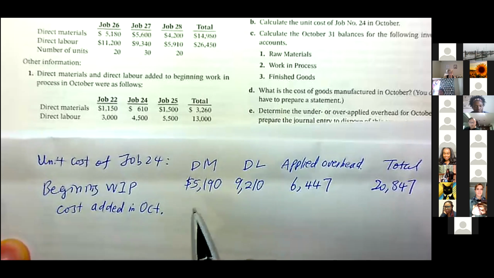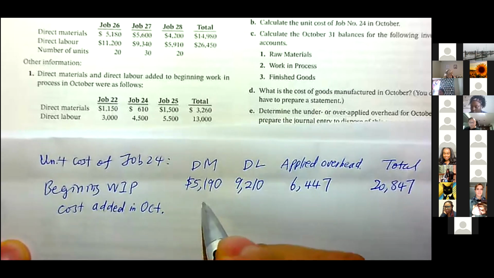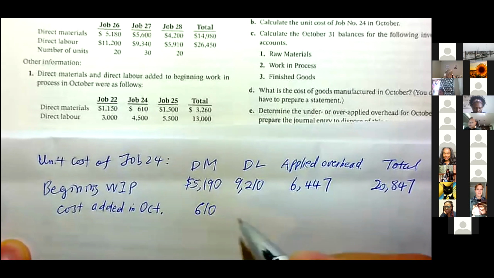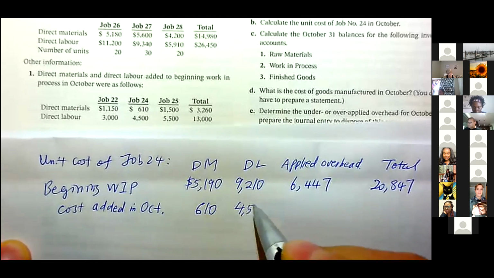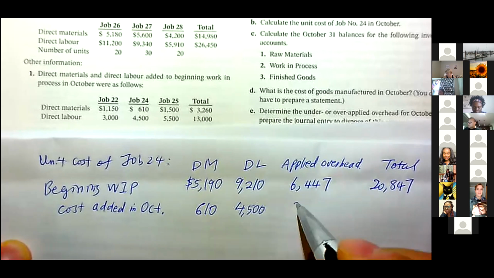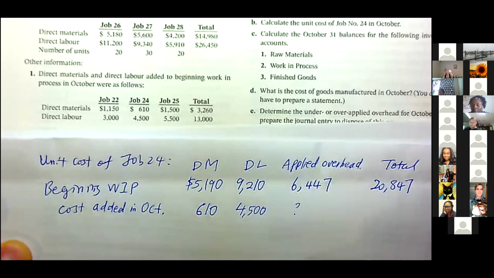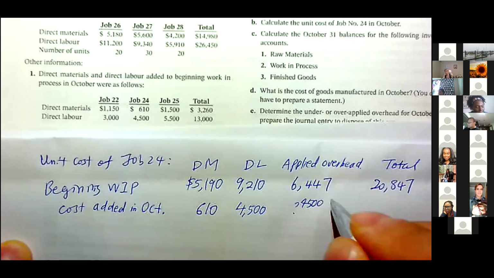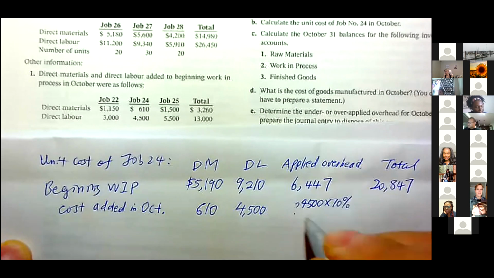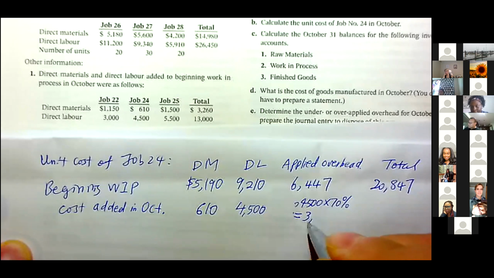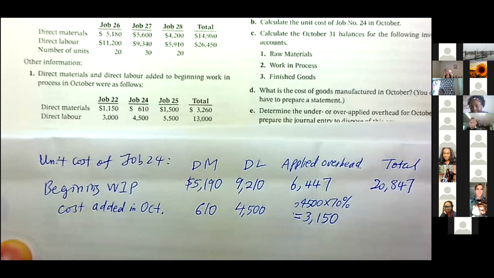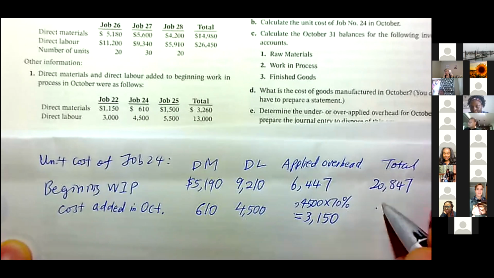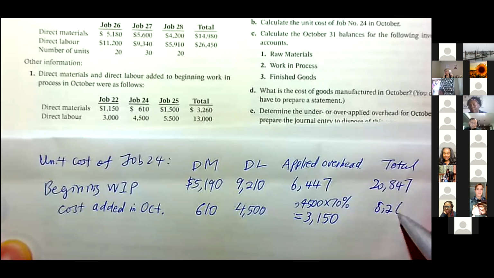So for job 24, direct material is 610. Direct labor is 4,500. What about applied overhead here? 4,500 times 70%. Thank you. So you use this 4,500 labor and 70%. That equals 3,150. Very good. So now if I sum them up, this total will be 8,260.